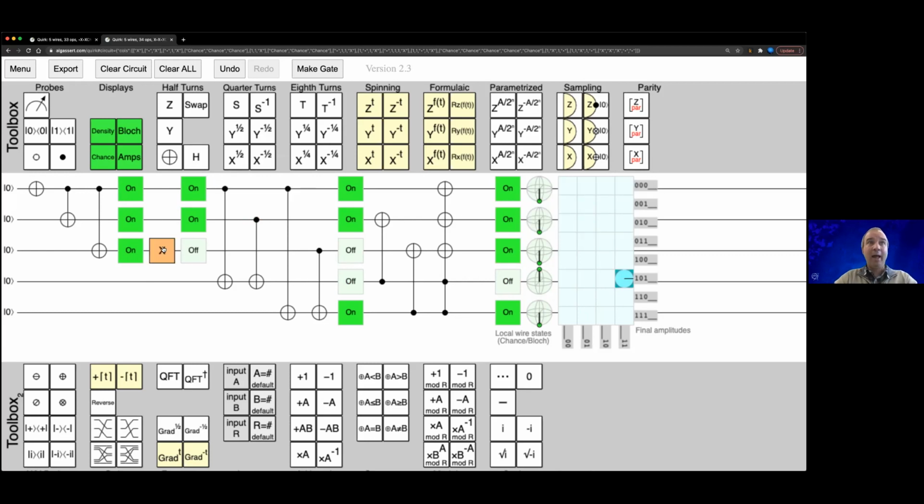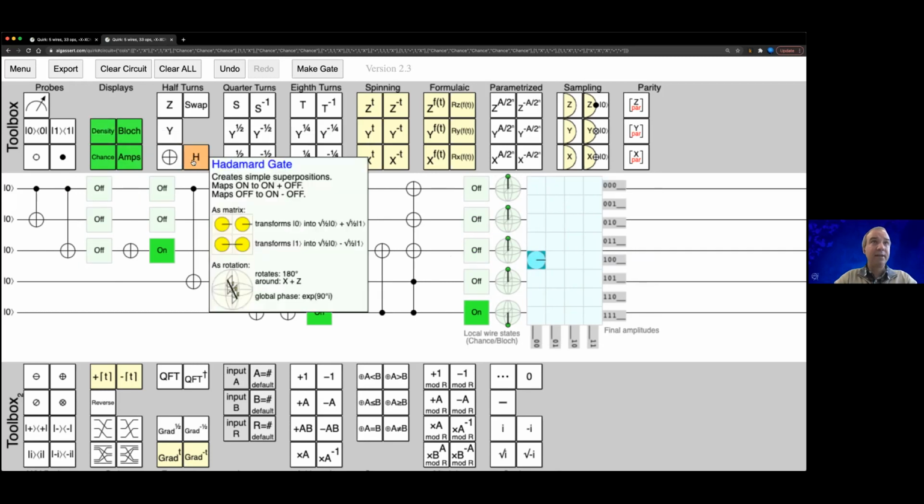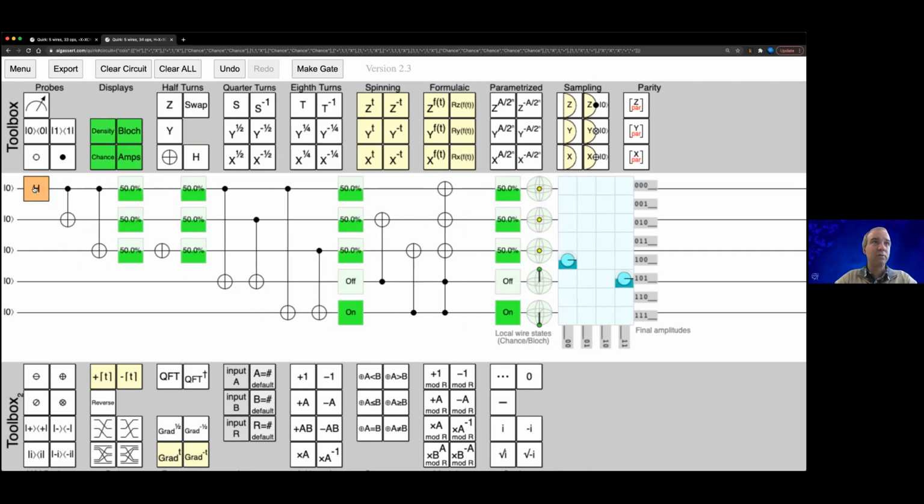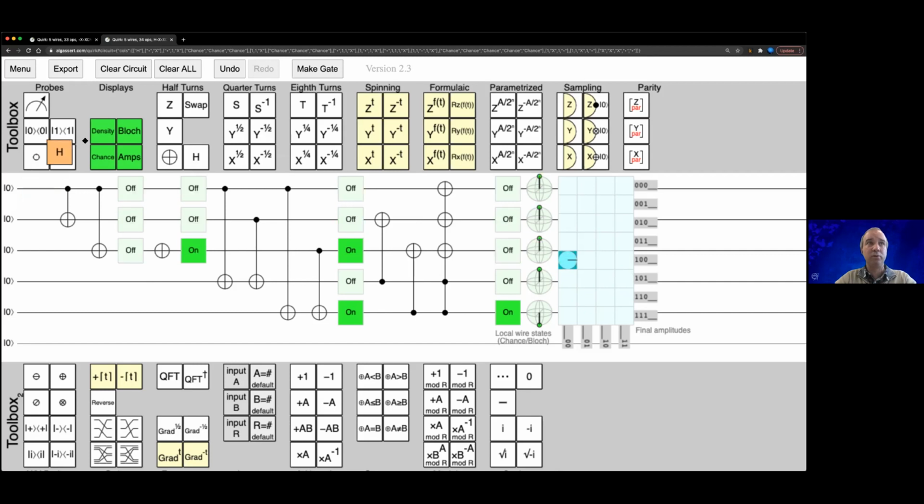I can also do this with a superposition of 0 and 1. In this case, it's a little more difficult to see, but you can check that what I have is again a superposition. So this works. Linearity works also for superposed qubits.